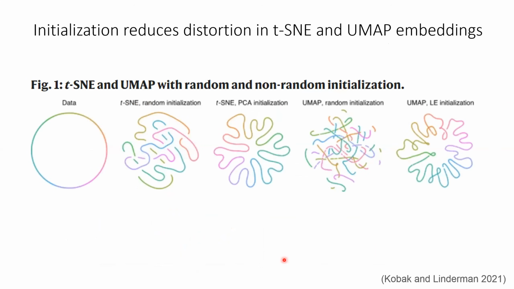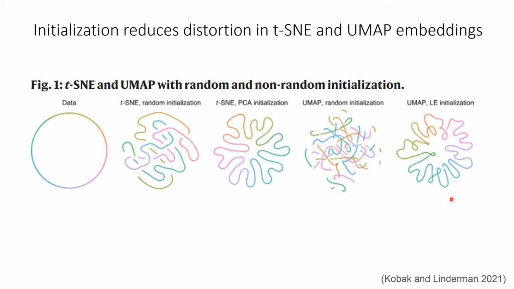So here's the most recent publication on these visualization algorithms, and it shows what happens to a toy data set of a circle when different initializations are applied to the embedding algorithms. Here the points were sampled from a circle with a small amount of Gaussian noise. For t-SNE, either random or PCA initialization was applied to the data before embedding, and UMAP used either random or a technique called Laplacian eigenmaps to initialize the embedding.